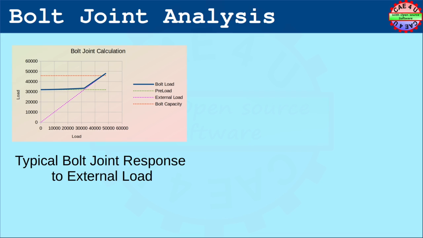Now, one of the advantages we can see here is that as long as the bolt joint is preloaded, if there is any variation in the applied load, the variation in the bolt load is significantly lesser, which means the alternating component of the fatigue load experienced by the bolt can be significantly reduced by proper preloading.